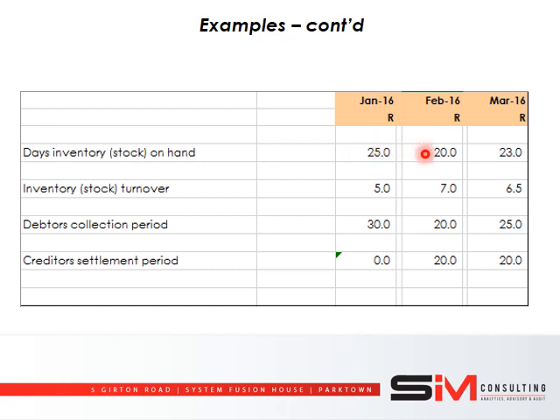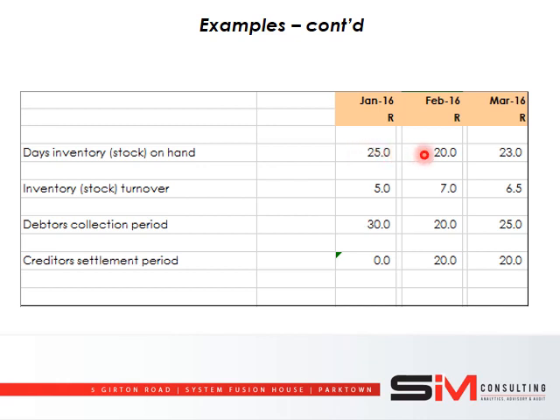When we compare the two, in the case of days inventory on hand, you can see that in February, inventory is on hand for 20 days, and for January it's 25 days.